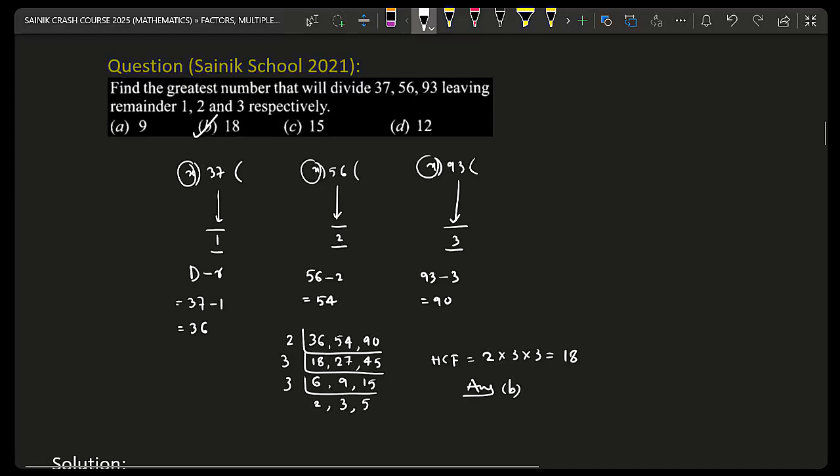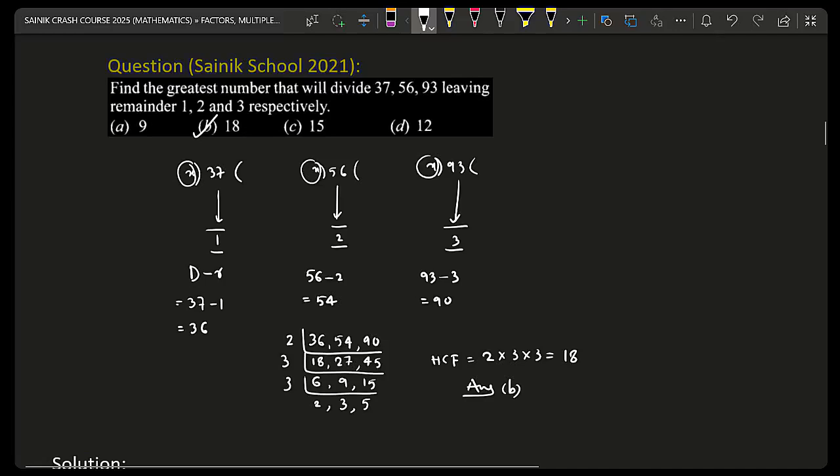We don't know what x is. With one number, if you divide 37, we should get the remainder 1. With the same number, you divide 56, we should get the remainder 2. And with the same number, you divide 93, we should get the remainder 3. Satisfying these conditions, what is the greatest possible number we have? That is the question.